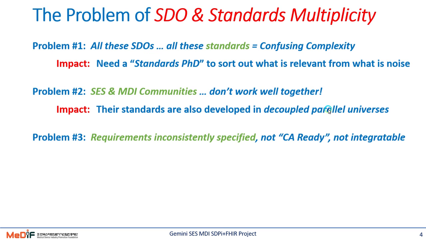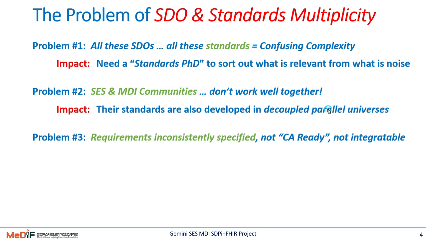Problem number three: from having so many standards development organizations and so many standards, the requirements across all of these are inconsistently specified. The way it's said in one standard is not exactly the way it is in another. They're not conformity assessment ready. As a result, it's hard to say, "Well, how do I show that I've implemented it fully and correctly?"